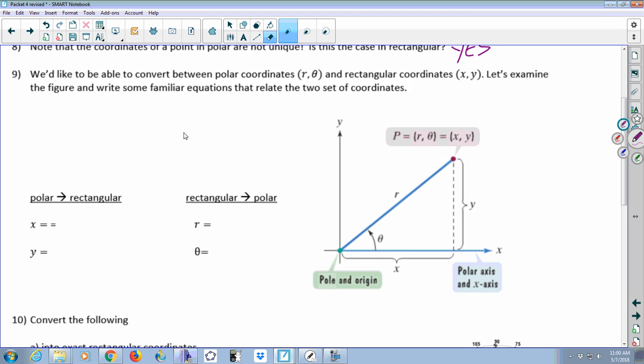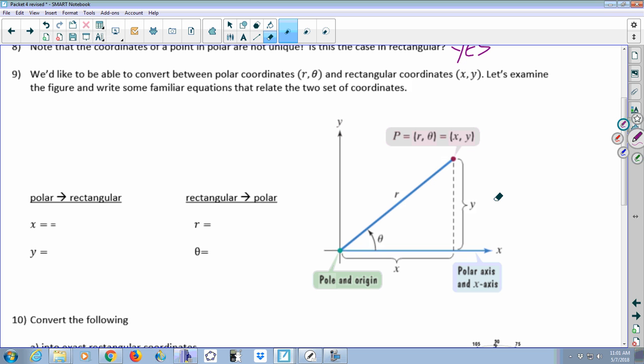All right. So just looking at this figure, we would like to find some relationships between our polar coordinates and our Cartesian coordinates. So any formulas at all that have x's and y's, r's and thetas in them, so we can relate them together, will be important.